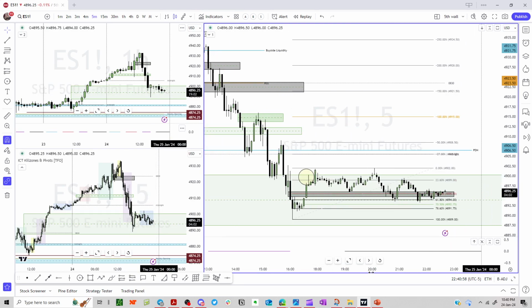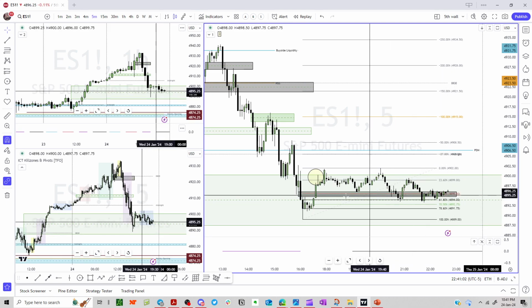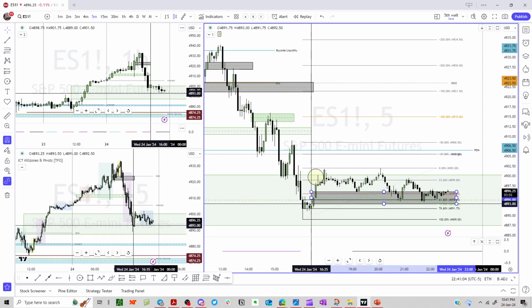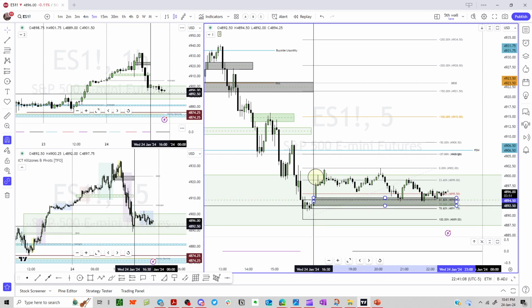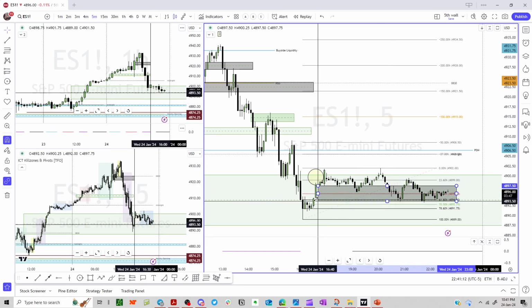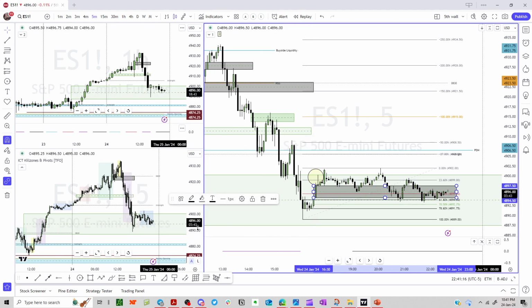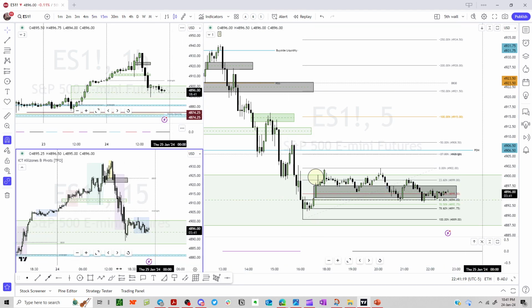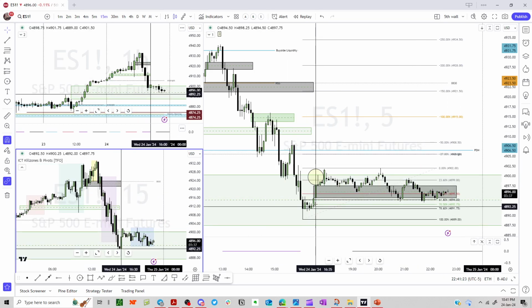So ideally you want to look for price holding above this inverted fair value gap. But of course you have this bullish fair value gap here. And you have one up here. Which is more prominent on the 15-minute time frame.